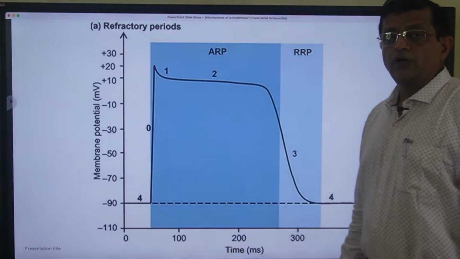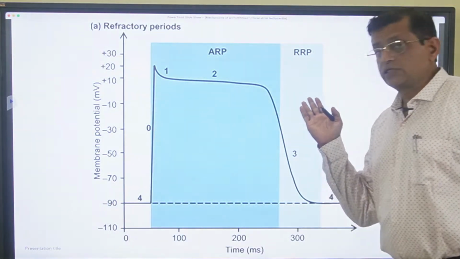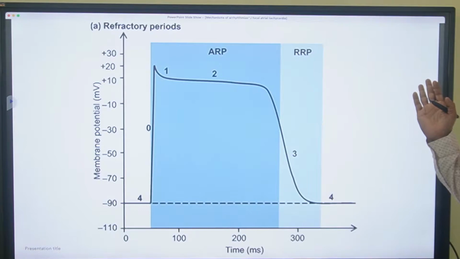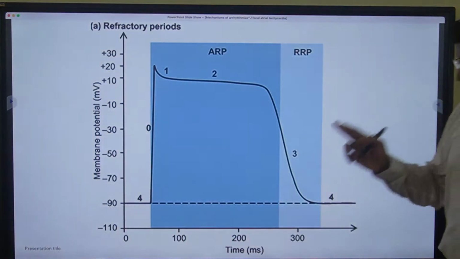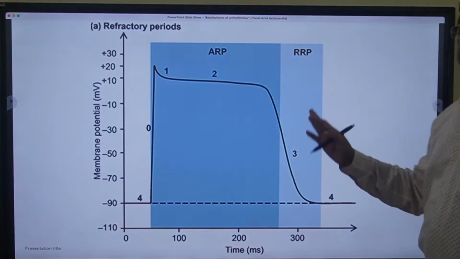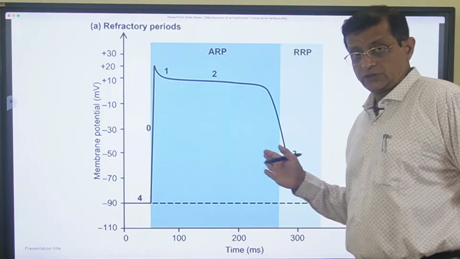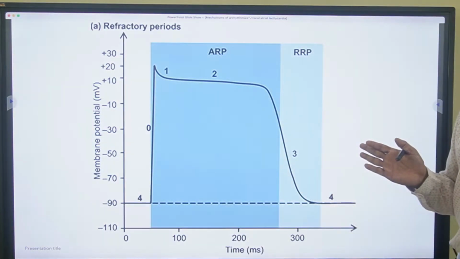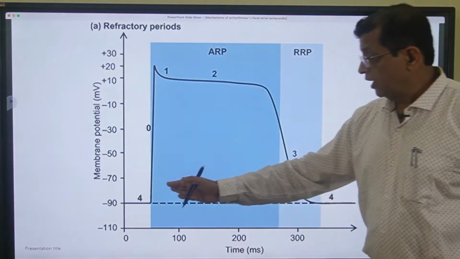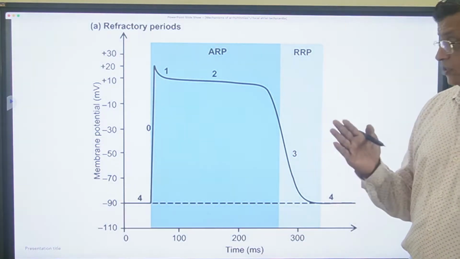But before we discuss triggered activity, let's also discuss the refractory period. What is the refractory period? Once a cell is depolarized, it cannot depolarize again until some time has passed. This is because the sodium channels exist in 3 different phases.